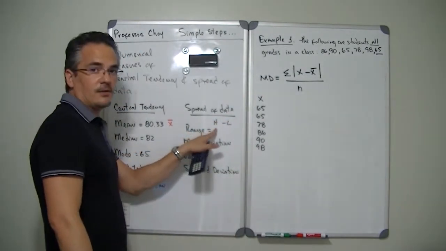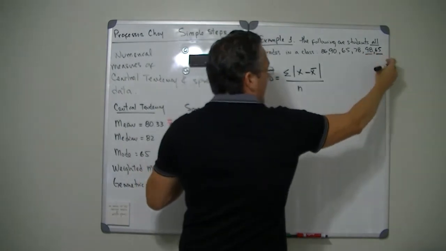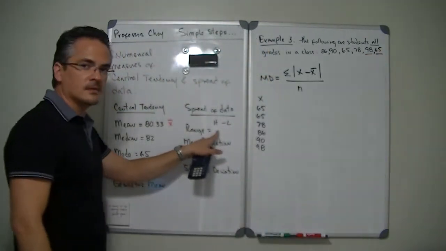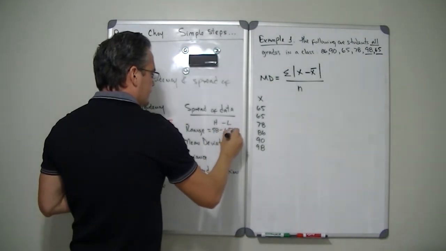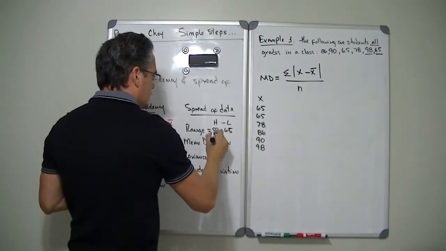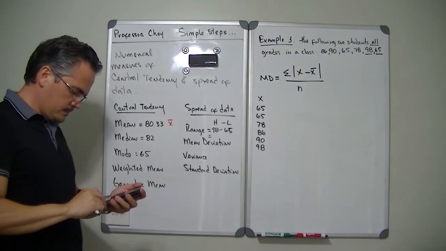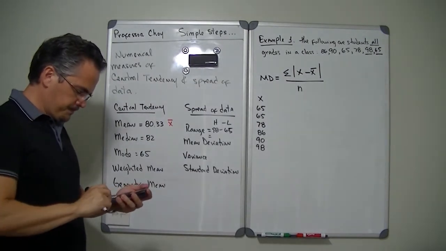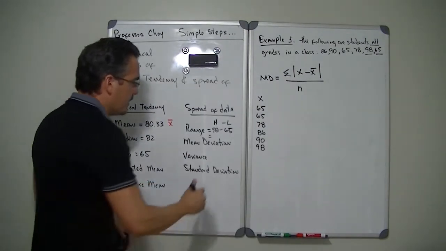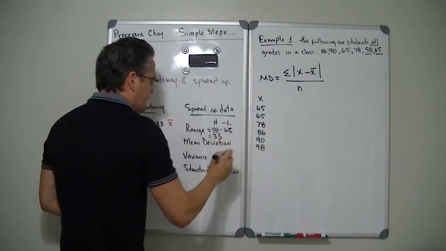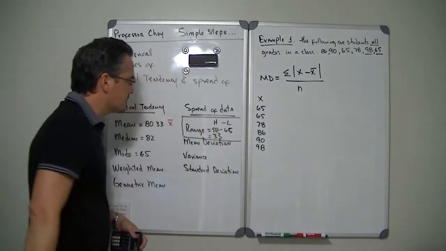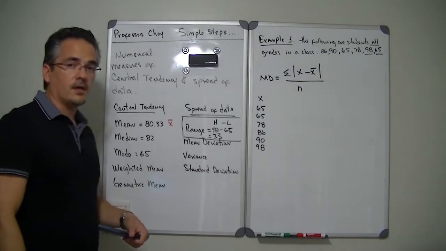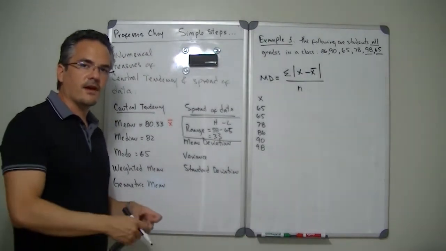The highest value is 98 and the lowest value is 65. So when we do 98 minus 65, we get 33. And there you go. That's our actual range. I just noticed right now. Well, this is what happens when you do things on the fly.